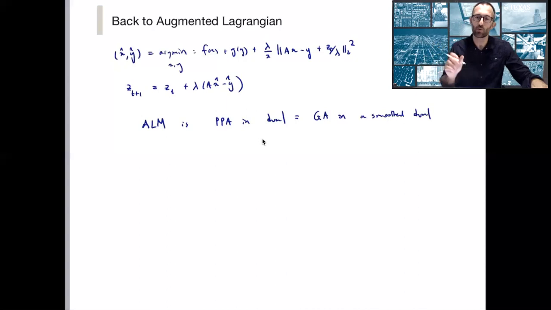So if you just started with the augmented Lagrangian formulation and said, this is strongly convex, therefore I don't need to apply proximal point, I can just apply gradient ascent in the dual, you get back the proximal point algorithm for the original function. So this is the connection here.